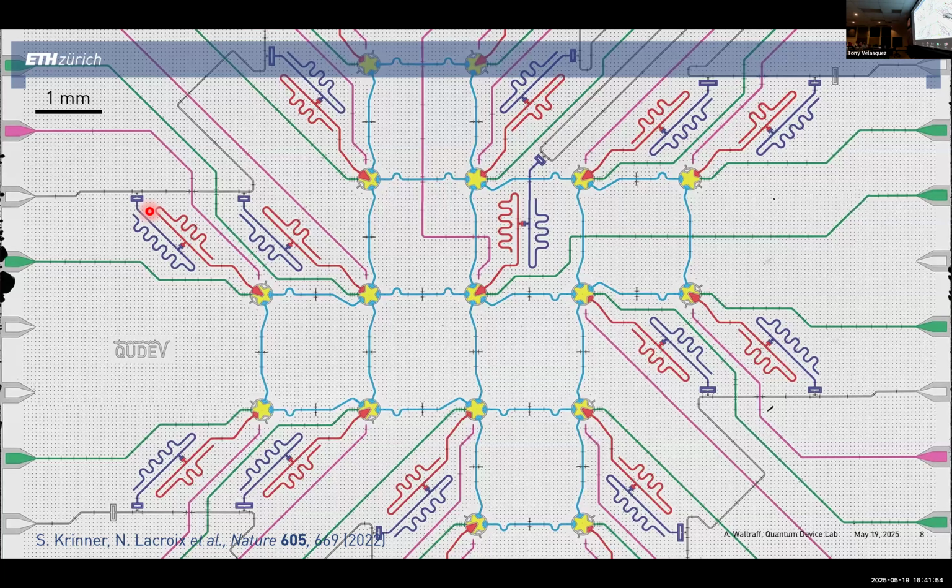And then for having your readout fast and high fidelity, what you want is the readout resonators to be strongly coupled to your qubits.